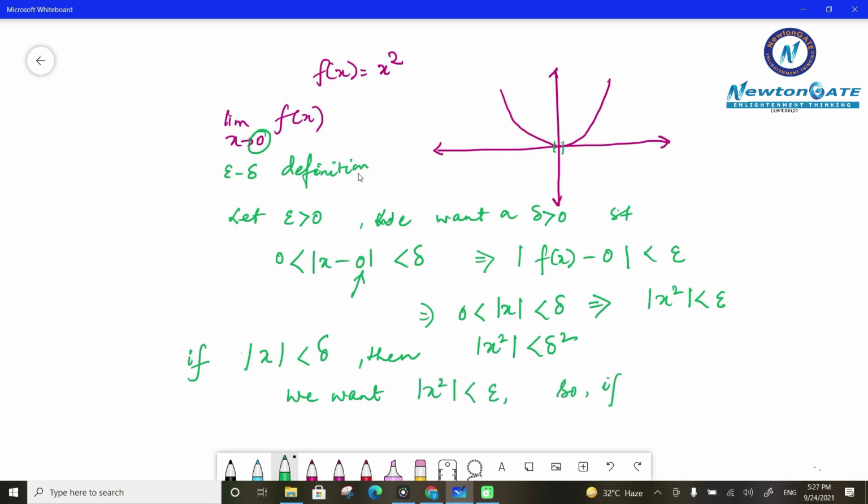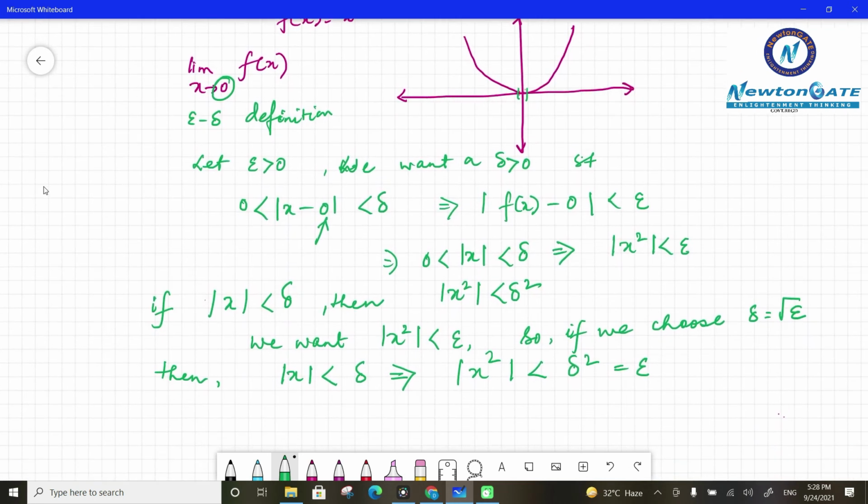So if we choose now delta to be equal to root over of epsilon, then mod x is less than delta, which implies x square is less than delta square equal to epsilon.